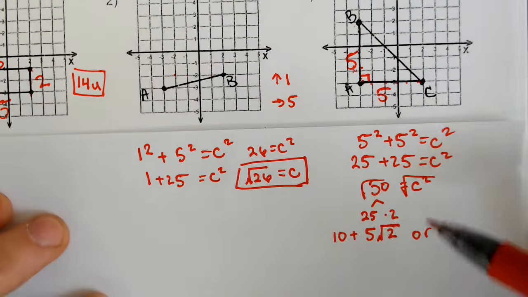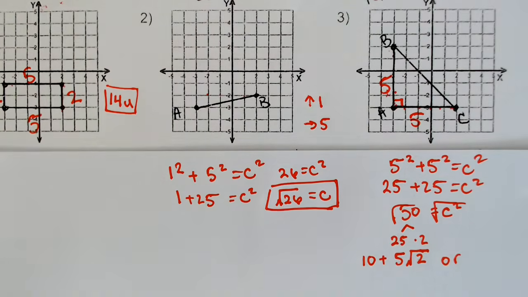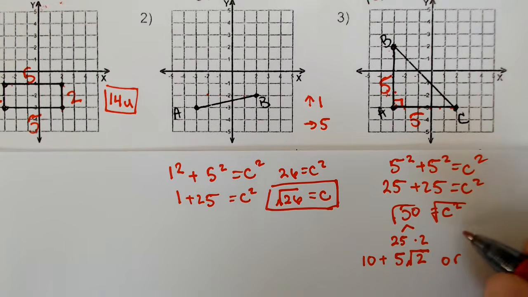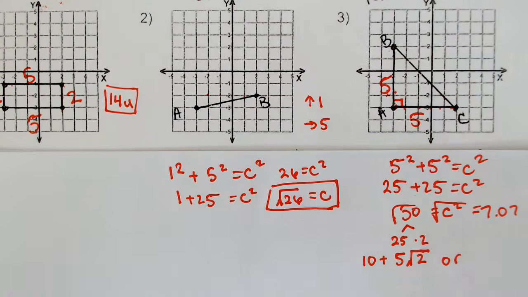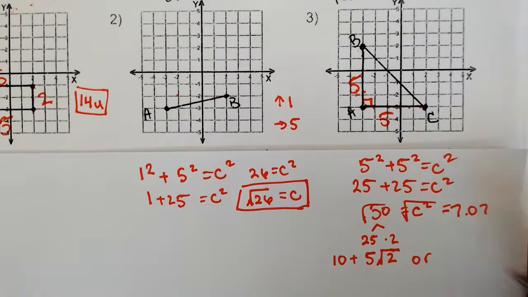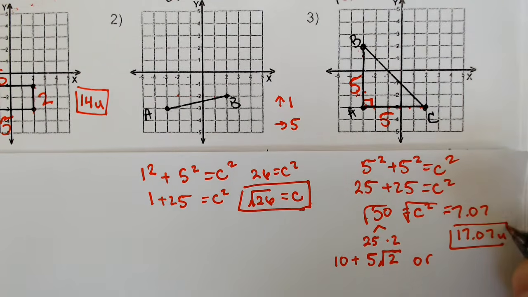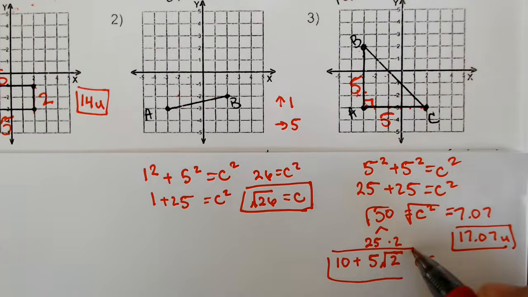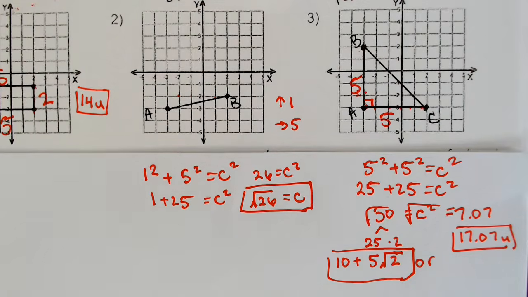Or you could find the decimal of what the square root of 50 is, which is approximating what it actually is. And the square root of 50 is 7.07. If we added that to the 5 and the other 5, we would get the full perimeter. So that would be 17.07 units. Or you could use the more specific answer of 10 plus 5 square root of 2.